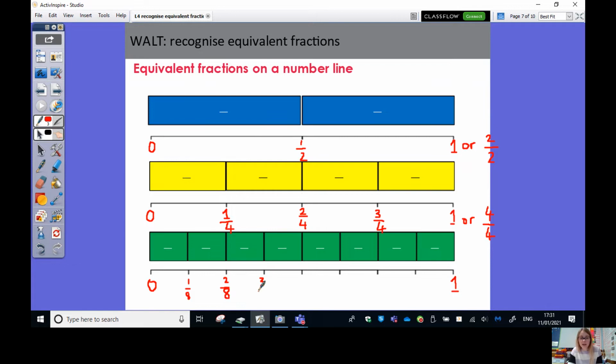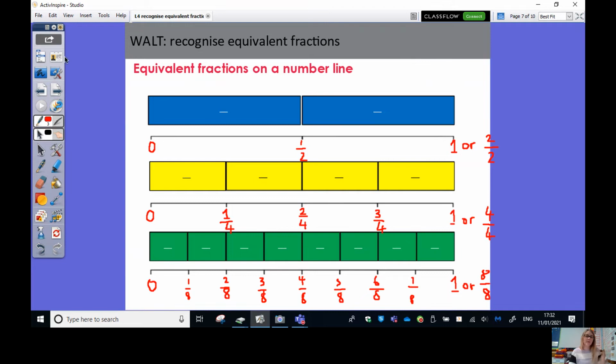Next one is 3/8. Then will be 4/8, 5/8, 6/8, 7/8, and finally 8/8 or 1 whole. Well done if you managed to keep up with me. I do apologise about my very dodgy handwriting, but we're going to go on to the sheet in a moment.